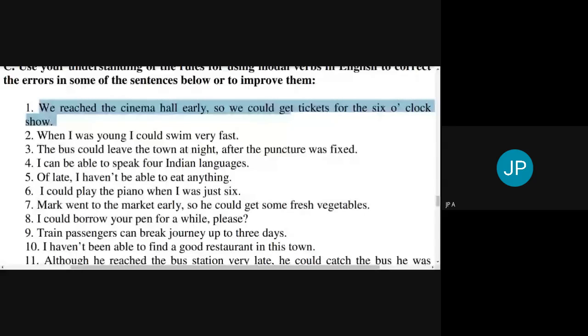Similarly, here, why did we get the tickets? The reason we got the tickets is that we reached the cinema hall early. So it is because of a reason. So instead of could, we should use we were able to, because we is plural. We should say we were able to get tickets for the 6 o'clock show. So that's the correction.